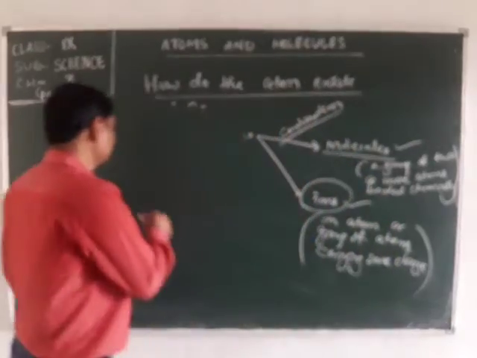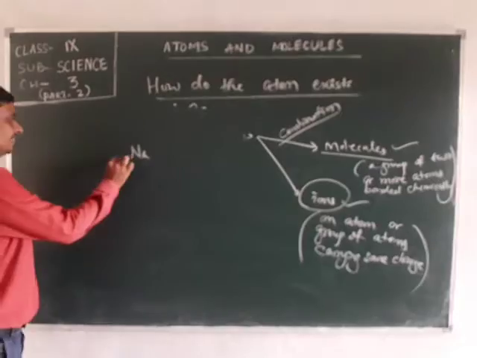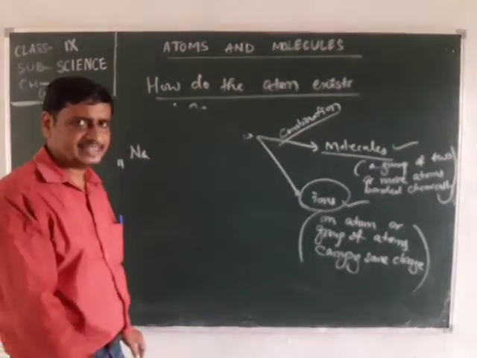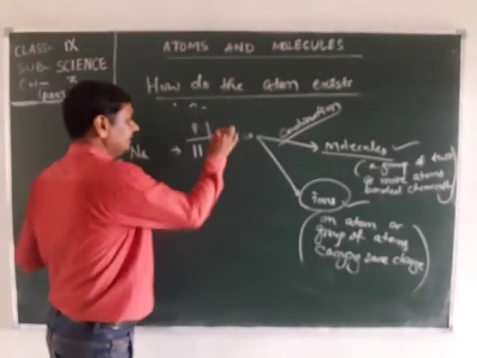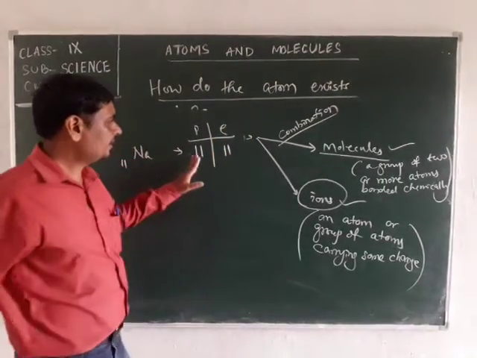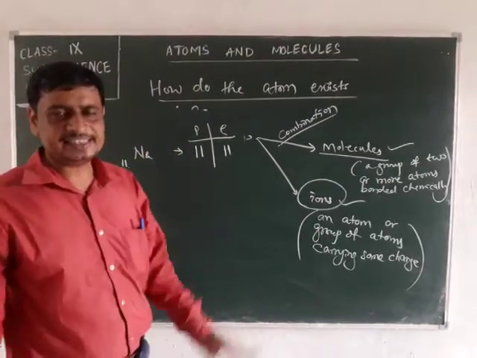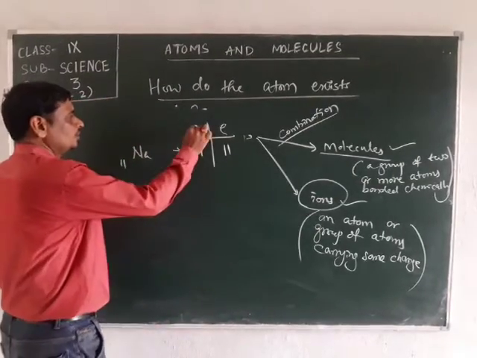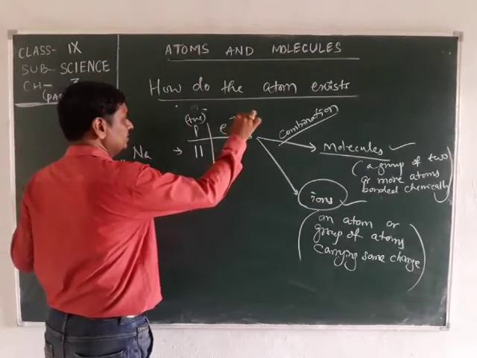Like in the case of sodium, whose atomic number is 11. Since the atomic number is 11, it carries 11 protons and 11 electrons. The number of protons and the number of electrons are equal. That's why it is electrically neutral, because protons give positive charge and electrons give negative charge.